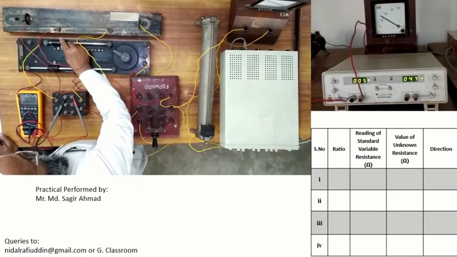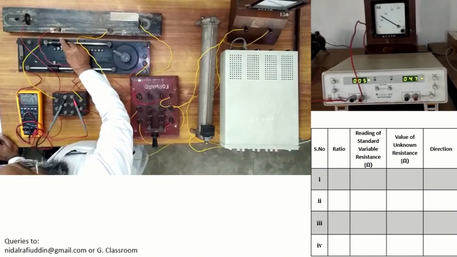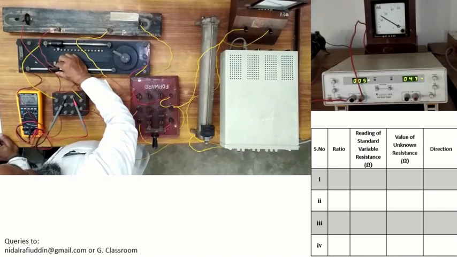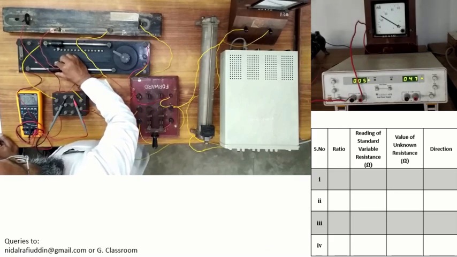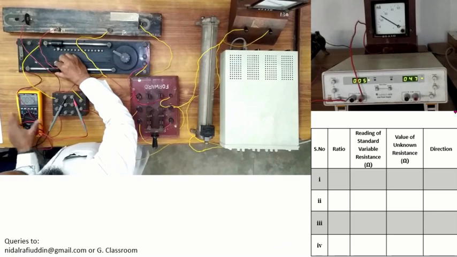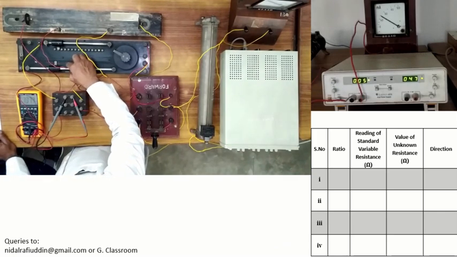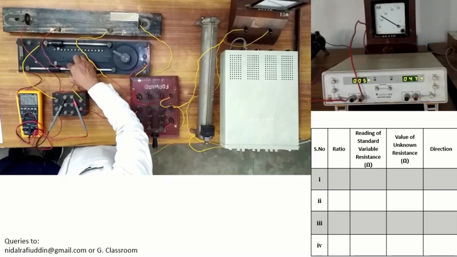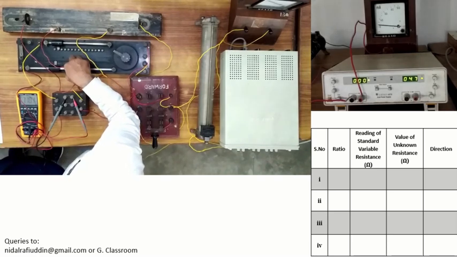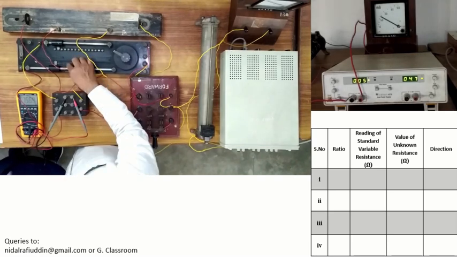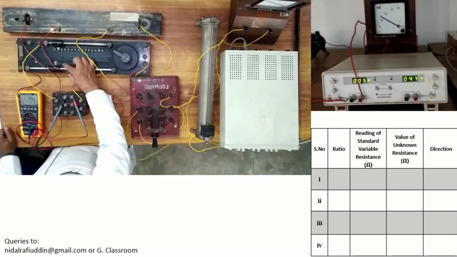Using the same setup, shown here is the practical being performed on the top left side, and on the top right side we can see the panels corresponding to the ammeter as well as the power supply, which is kept fixed. On the bottom right side, we have the observation table being populated as we observe the readings.